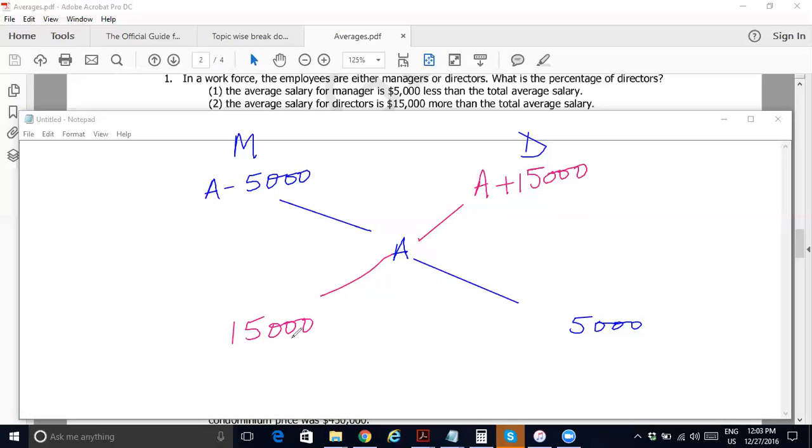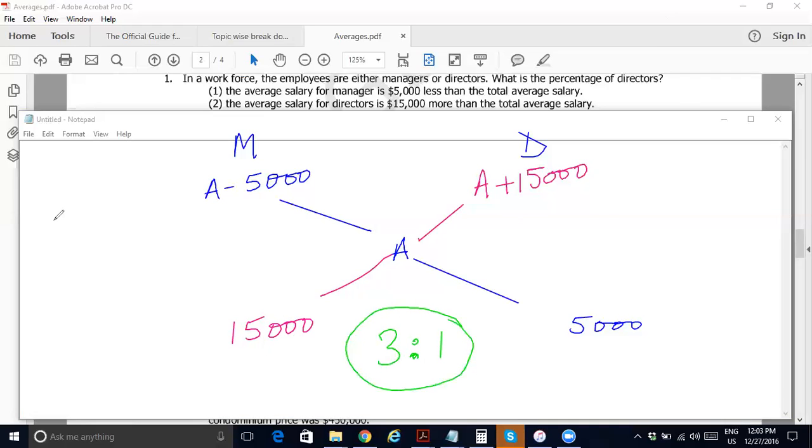Let's try to combine both of these. When we combine both these values, we will get the ratio 3:1. Then you can find out percentage.